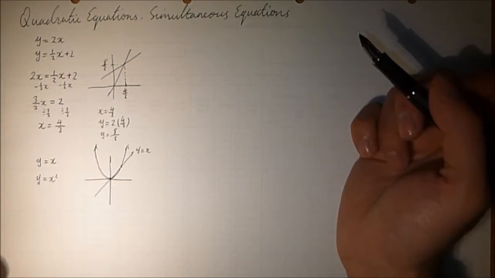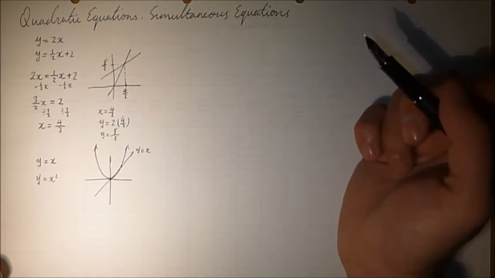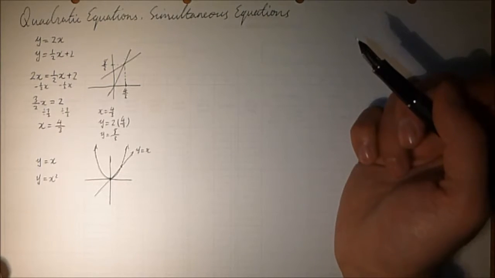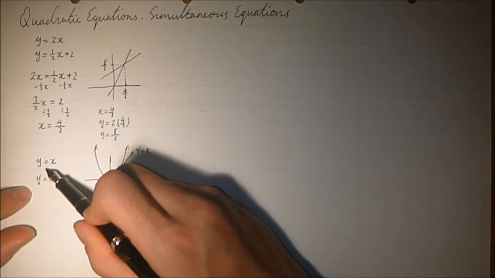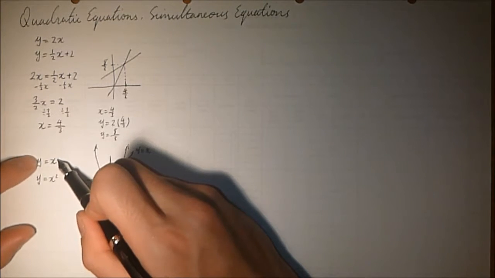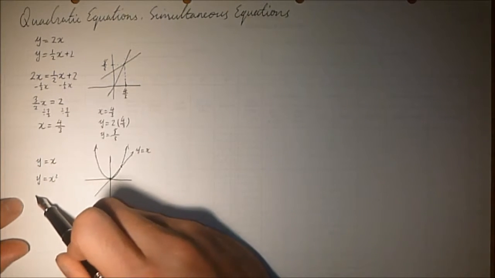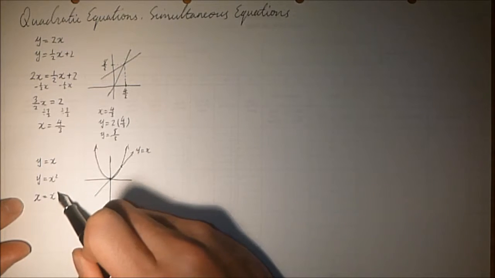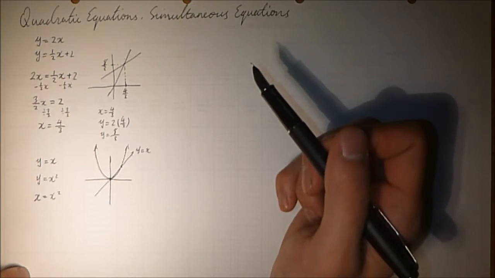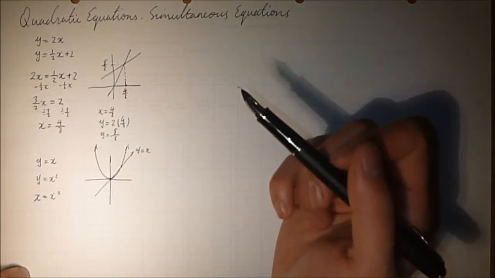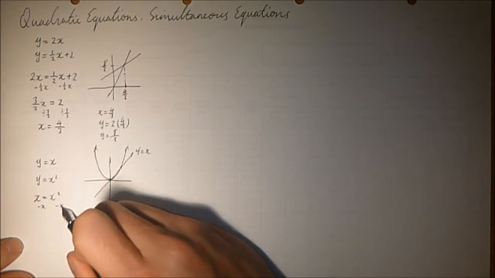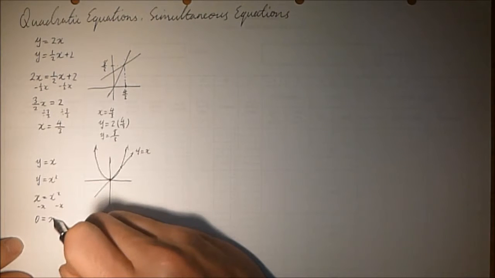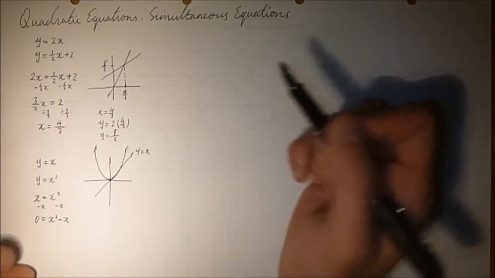And to find where these two points are, once again we will resort to the method of substitution. We just assume that this y is the same y here. So we substitute this value here. We end up with x equals x squared. And once again, we solve it like a normal equation. We take x from both sides, we end up with 0 equals x squared minus x.